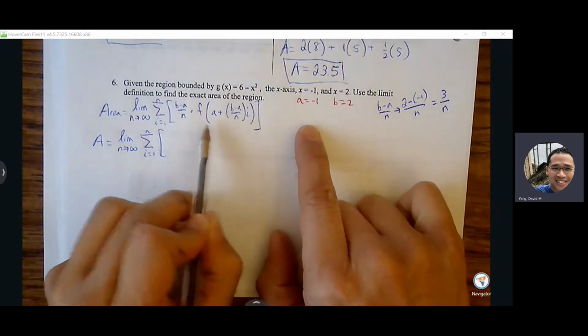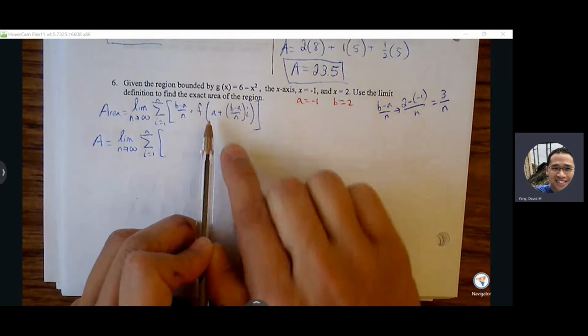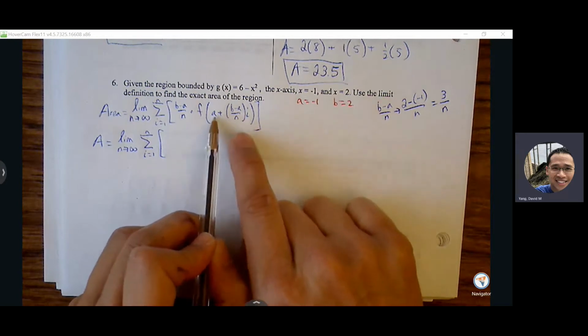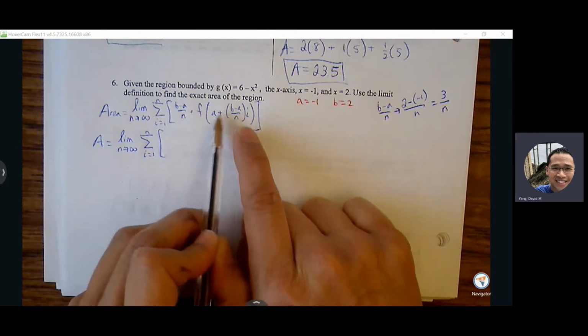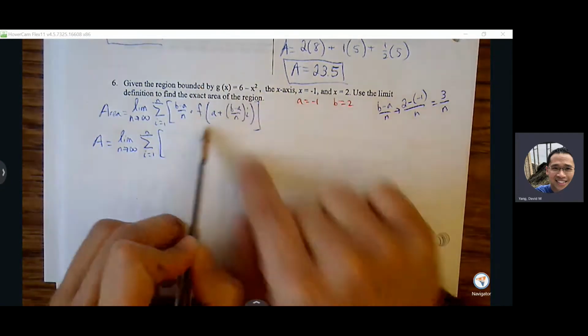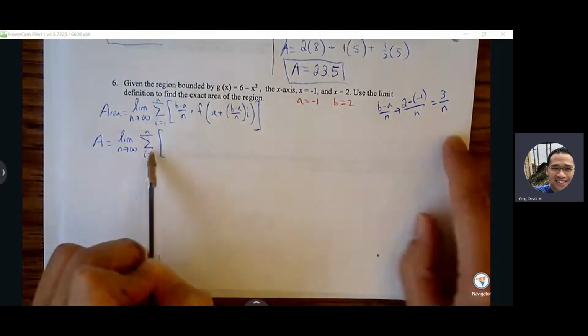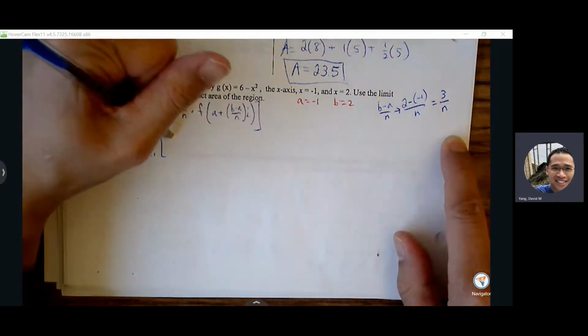This whole thing is the height component. There's a lot going on here because it's finding the width and it's adding each of the subintervals, incrementing it for us, and then plugging into the function to get the height. So it's doing 3 or 4 things at once, so that's why it looks so complicated. Okay, so width is 3 over n.